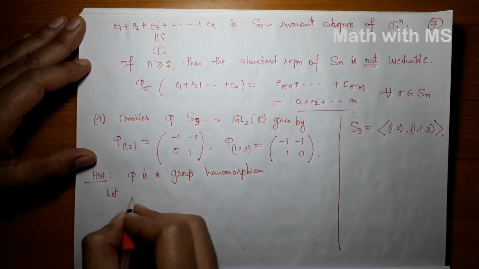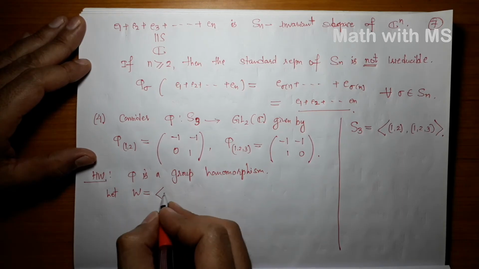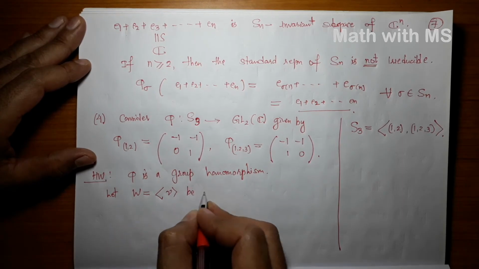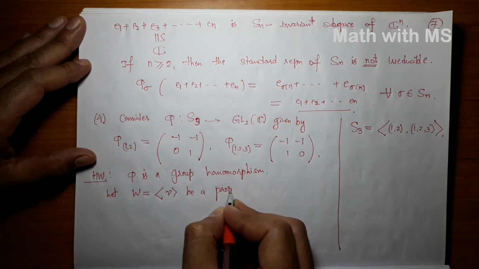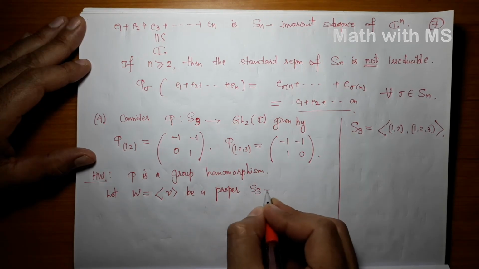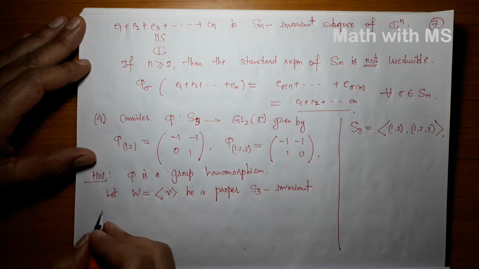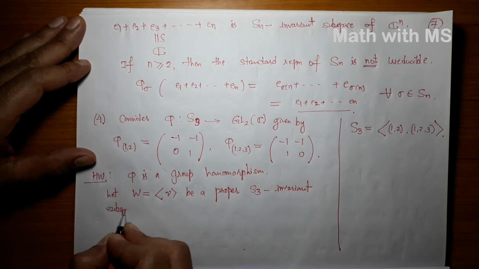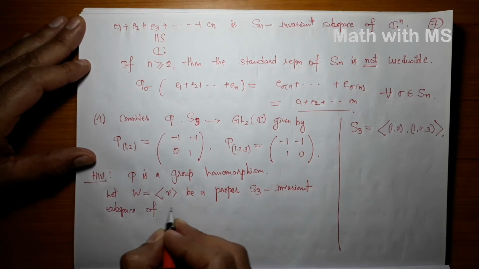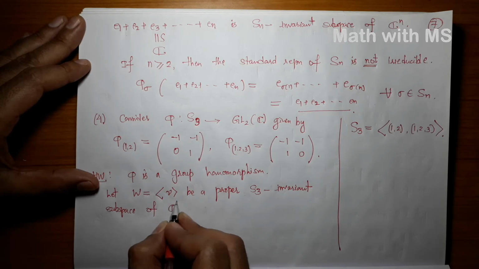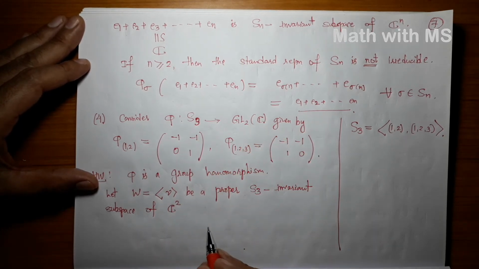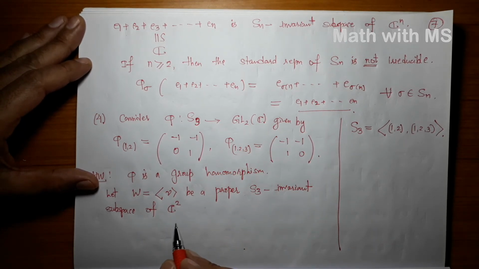So let us say W, spanned by some vector v, be a proper S3 invariant subspace of C2, because GL2C is GL of C2, right?